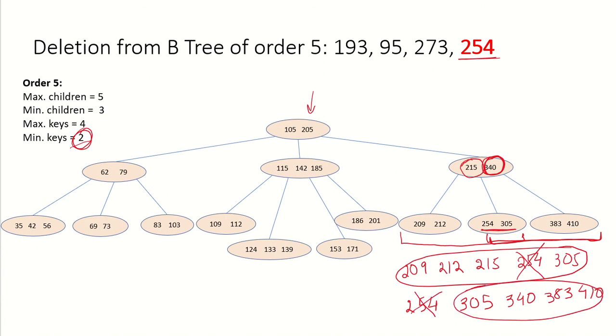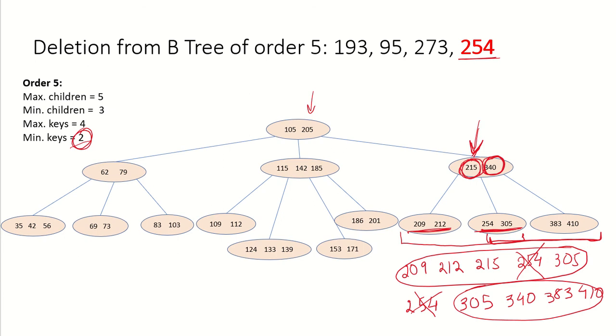So the parent needs to be involved, because of the property of the B tree, that the values in the left subtree have to be less than the value in the parent node, and the values in the right subtree have to be greater than this. This will be maintained only if the parent is also merged along with the leaf nodes.